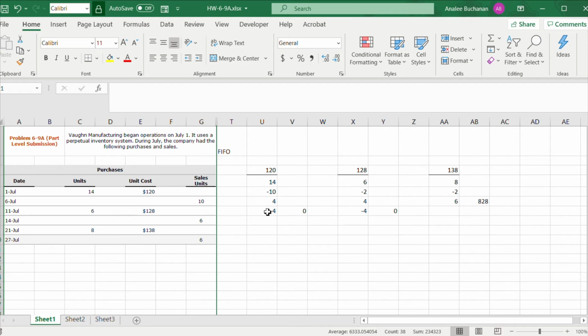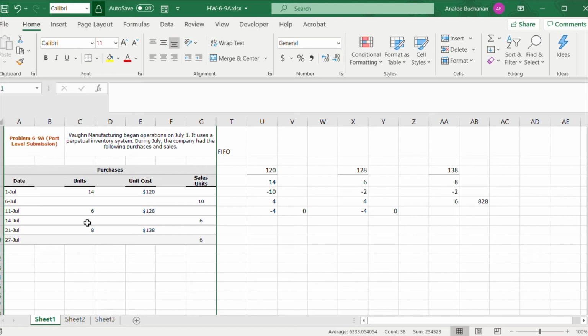So we take 4 of the 120 costed units. And we'll still need 2 more for that sale. So we'll take 2 out of the 128. That will leave us with no 120 units and 4 128 units.